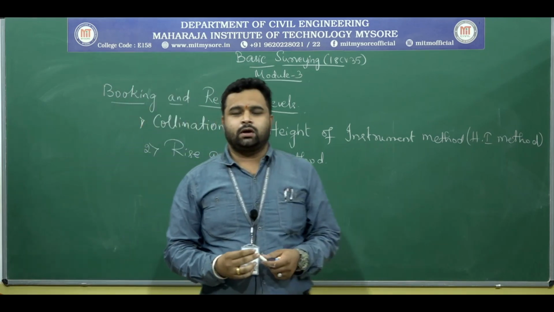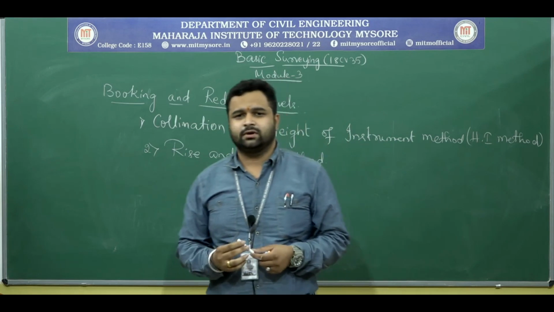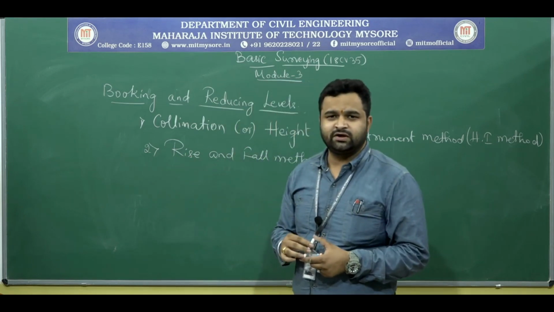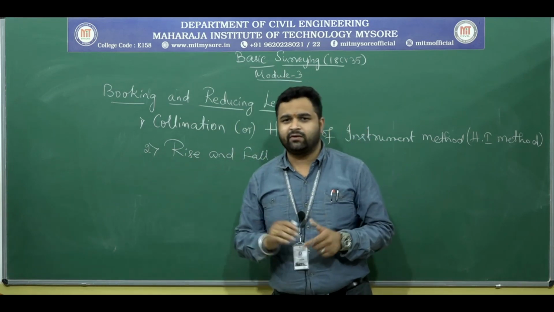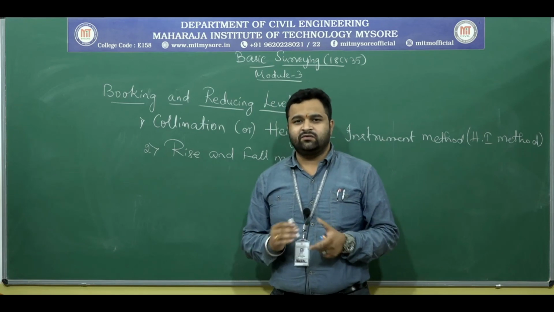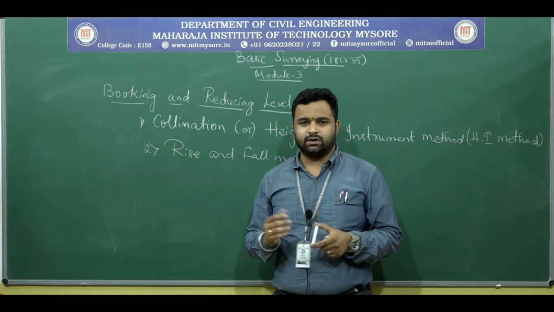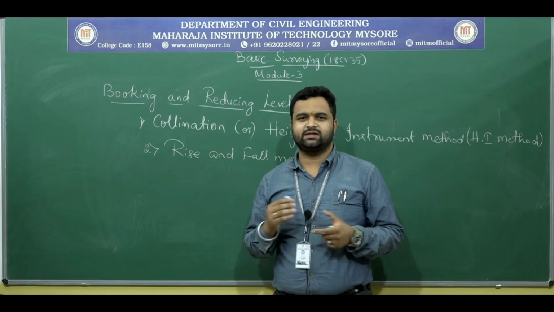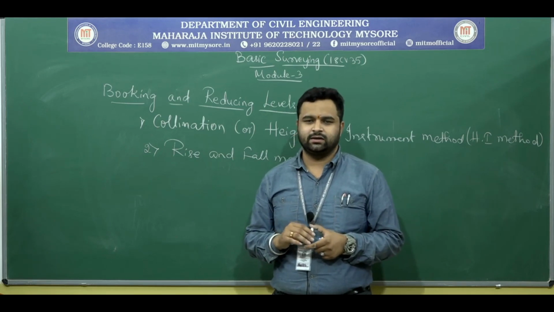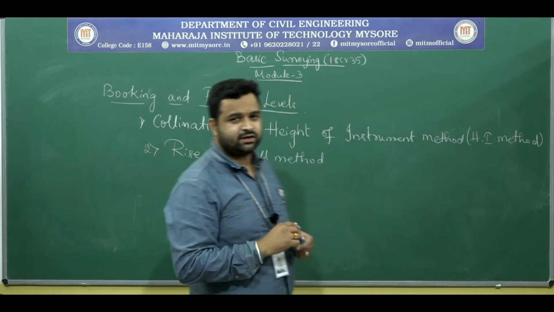So now we have some checks in both the methods, which will give us an idea whether we have calculated the elevations of required points, or RLs of required points, correctly. Okay, so what is that arithmetic check?